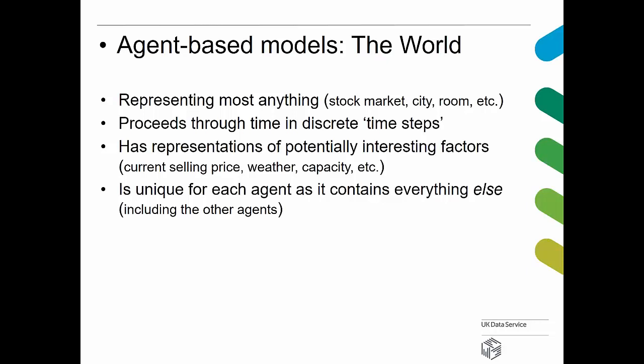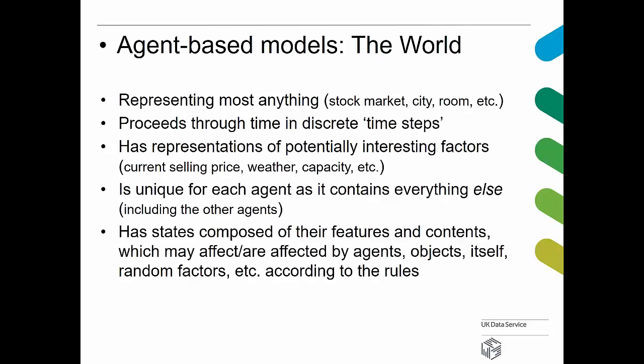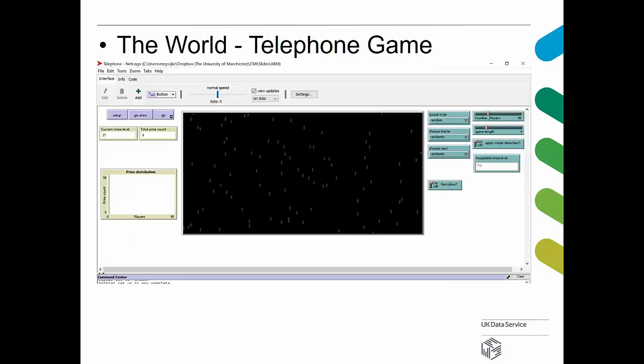That may matter in your model, depending on whether you're including factors like perspective or experience. And the states are composed of the features of the world, the contents of the world, and they may be affected by, or they can affect agents, objects, the world itself, random factors, all these other things according to rules. I get into rules in a moment.